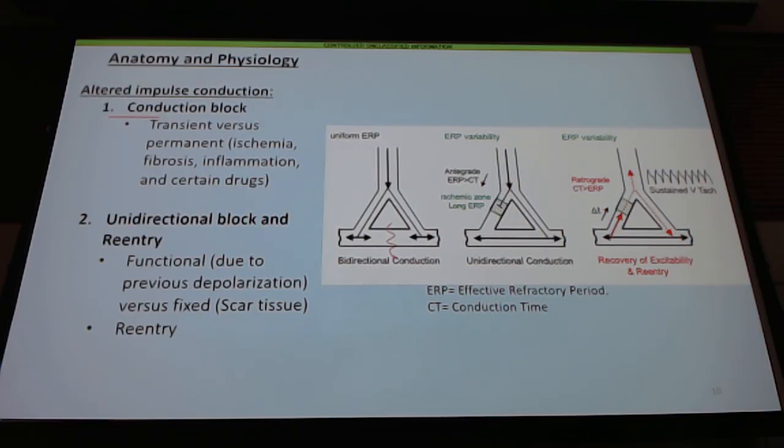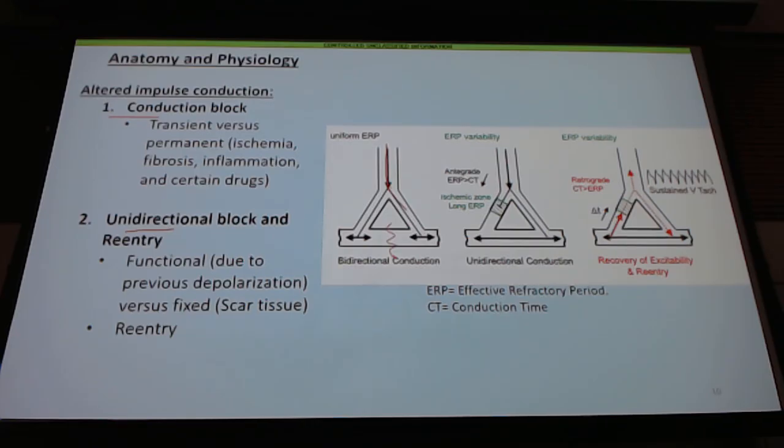The second type is a unidirectional block and reentry. So it's kind of a complicated thing, but basically what happens in this setting, and we'll talk about some examples of this arrhythmia tomorrow, or sorry, on Monday when we come back from the holiday. But with unidirectional block and reentry, what happens is, as that action potential is coming down, it's going to encounter a fork in the road, right?